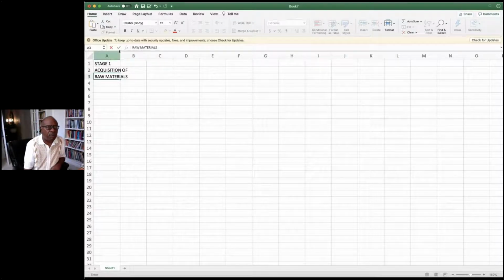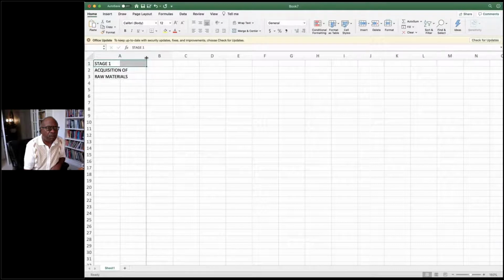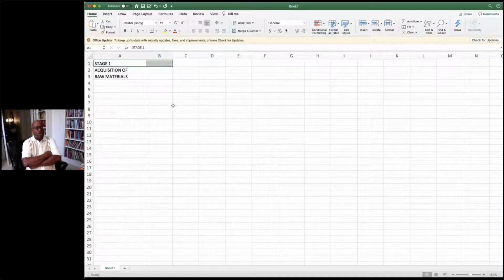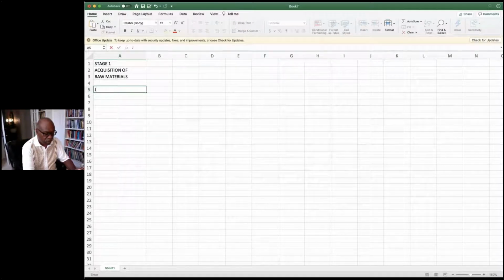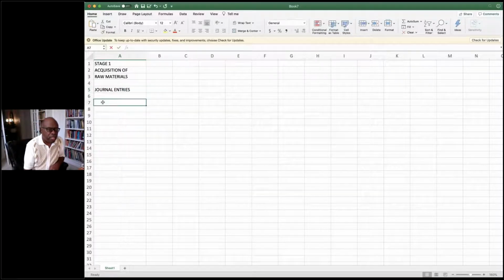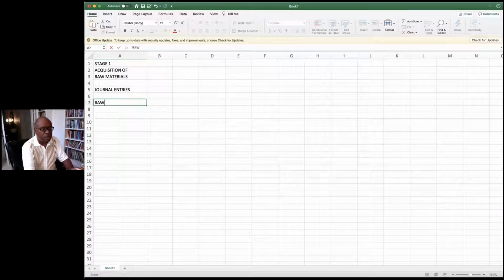This is stage one, where we acquire the raw materials, and we've got to make some journal entries. We're going to debit raw materials.